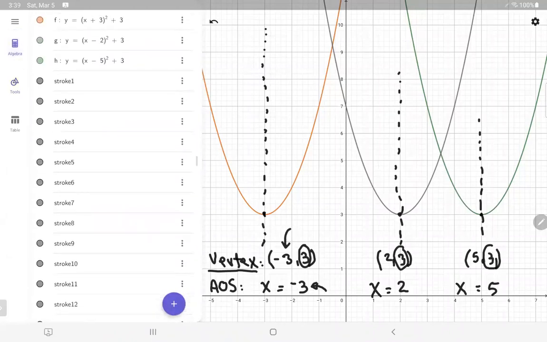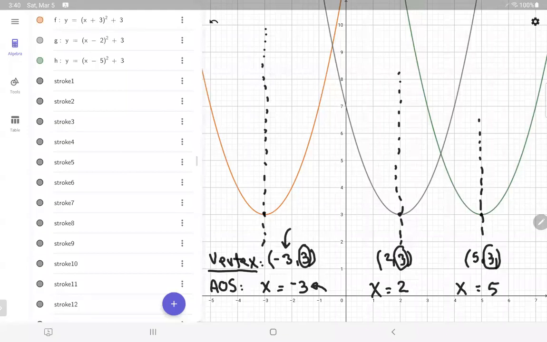If we go back and compare these values of what we got, let's look at the first function, which is y equals x plus 3 squared plus 3. Who can tell me what is the connection between the equation and the vertex and axis of symmetry? The number inside the parentheses is the x value.